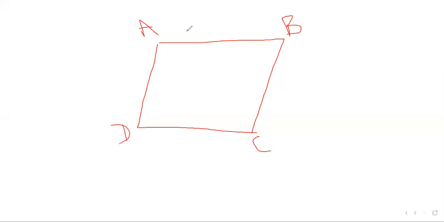This AC is given and one more diagonal, that is BD, is also given. Let me draw the first one. These two diagonals are given. One is AC and the second is BD, two diagonals.